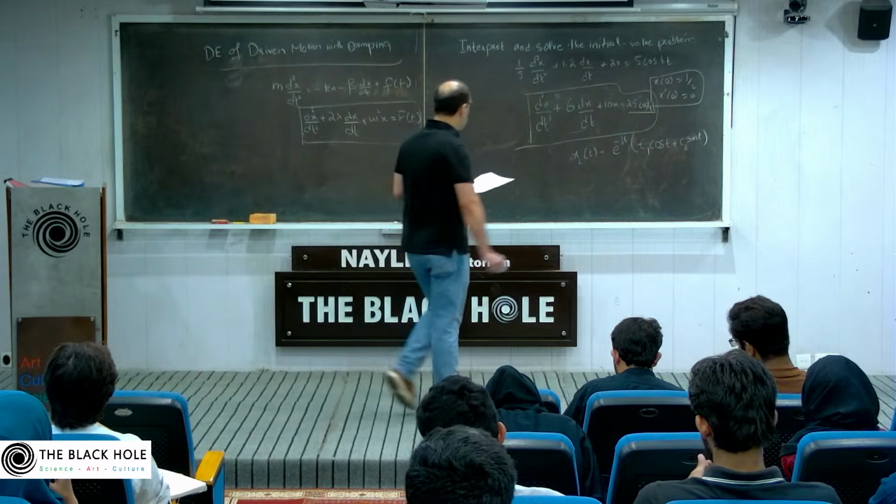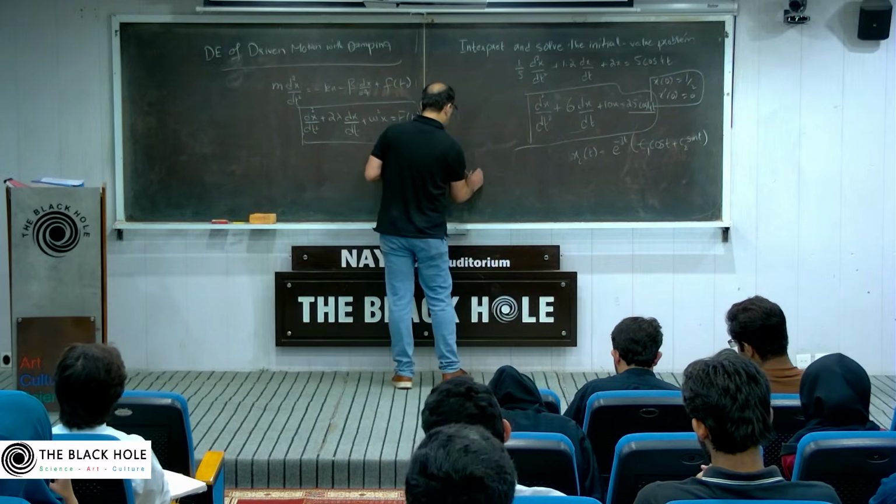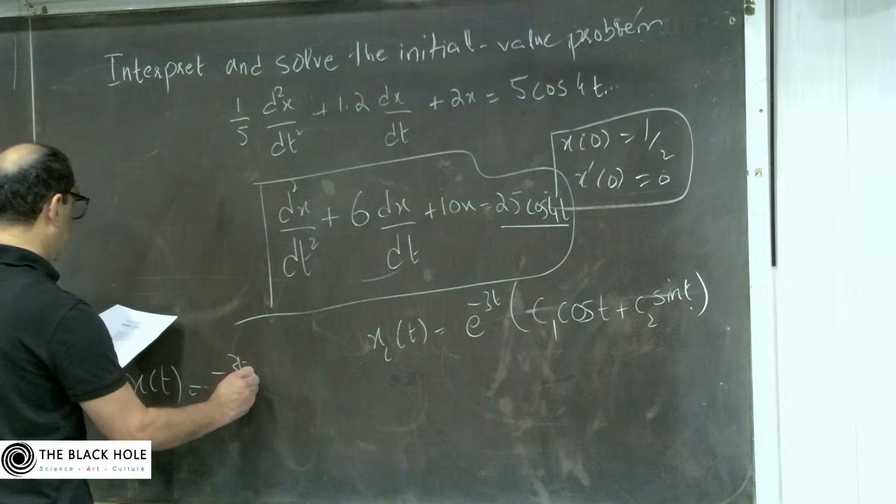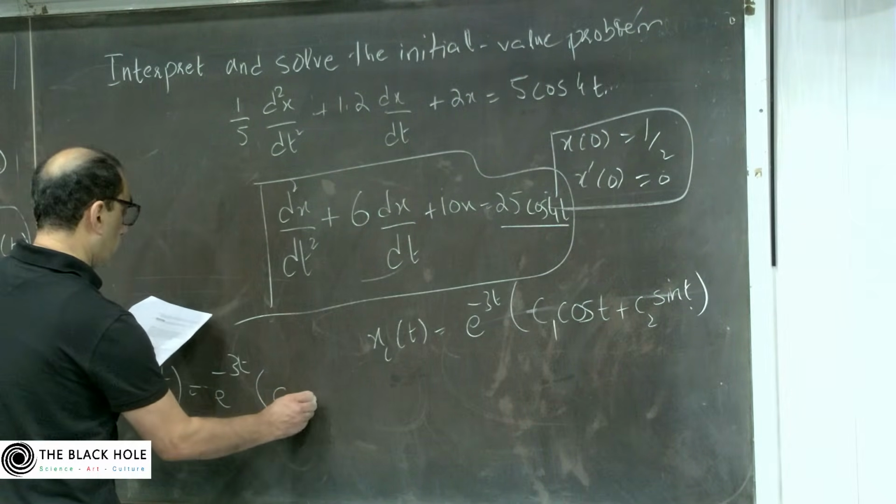So my solution is, this is how I write down the complete solution: e raised to power minus 3t times c1 cosine of t.